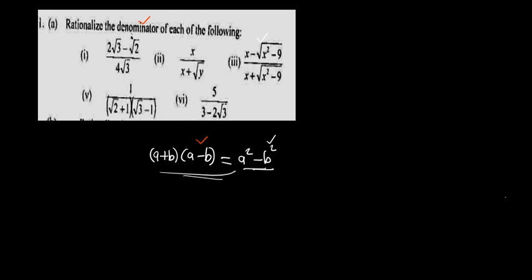So coming to the last question now, we have 5 over 3 root 2 and root 3, I mean. So how do we handle this then?